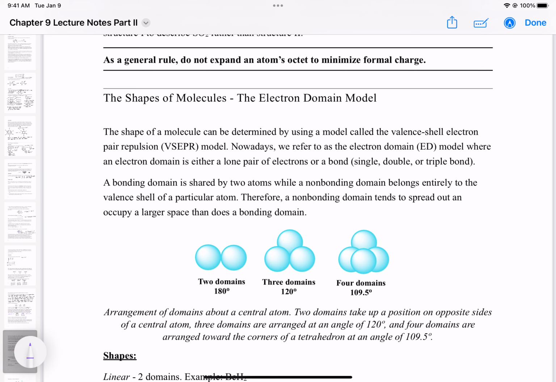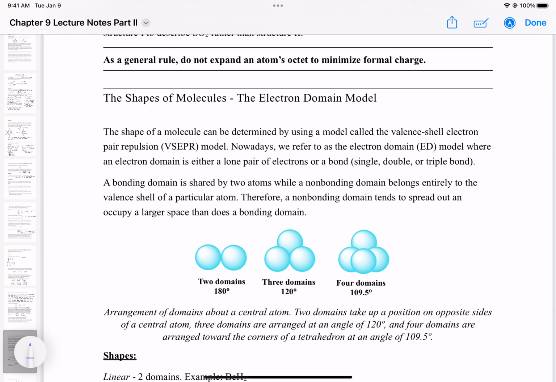That's going to be a linear compound because it only has 2 electron domains. So only 2 atoms around the central atom, 2 domains. 3 domains like formaldehyde, boron trifluoride, their bond angles are 120. And then 4 domains, we have 109.5 degrees. So that's between each of the atom spheres there, 109.5.